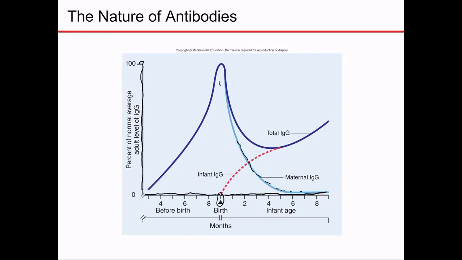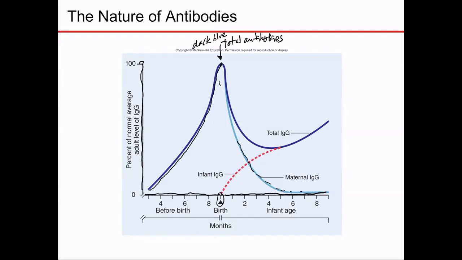The dark blue is total antibodies. During this period, those total antibodies will come only from the mother, because the fetus still doesn't have a mature immune system to produce his or her own antibodies.